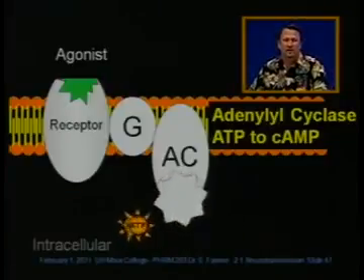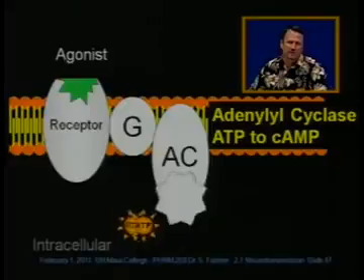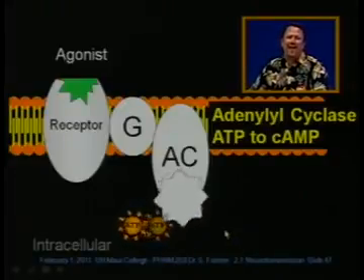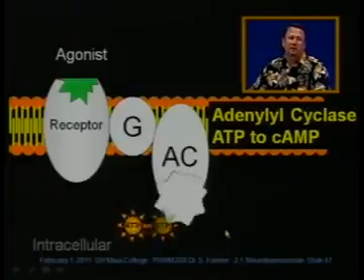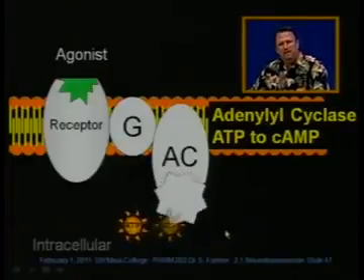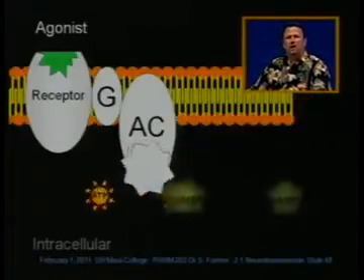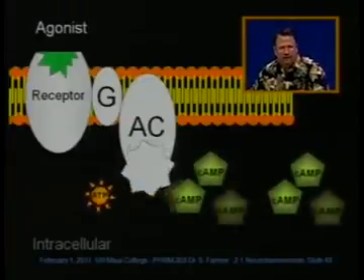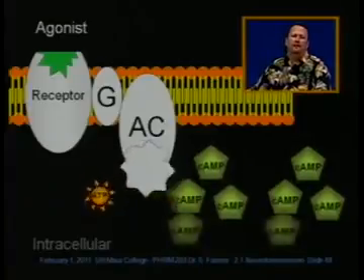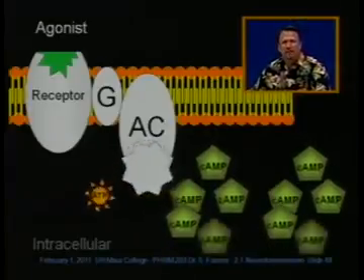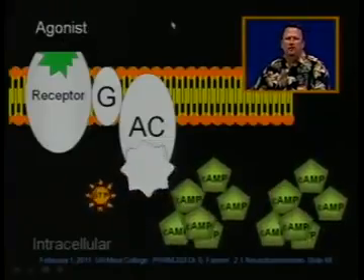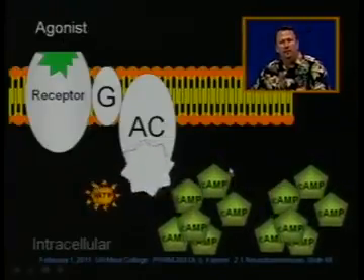And we can do all sorts of things with ATP. And one of the things that we can do with all that ATP is to make cyclic AMP, cyclic AMP being the second messenger. And so activating adenylyl cyclase causes cyclic AMP levels to go up. And so you might read about a neurotransmitter increasing cyclic AMP levels.